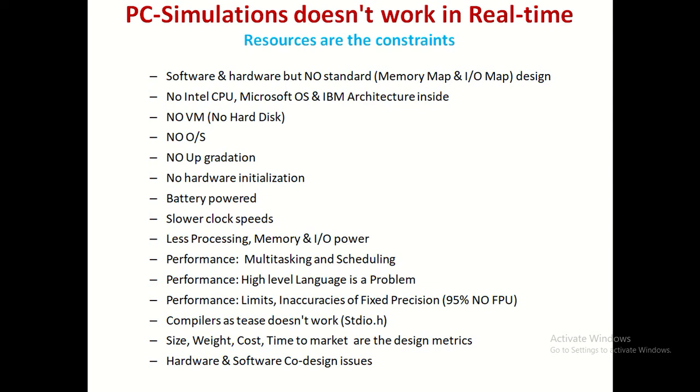Then, as I said about computation, memory and IO, these are the real challenges when it comes to application specific systems because these are all design constraints. If you try to increase or ask for more, the entire product may fail. So performance is really a challenge in application specific systems.